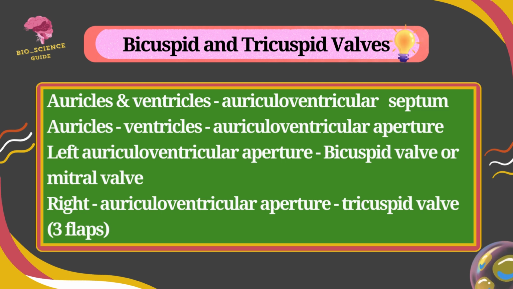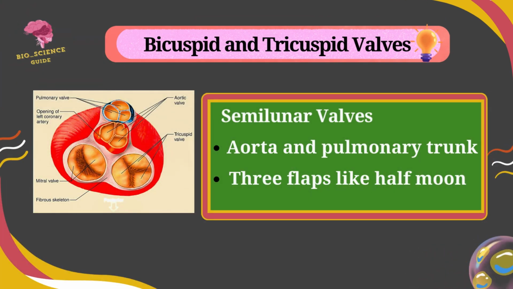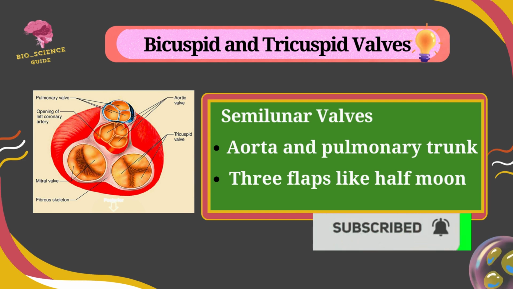The left auriculoventricular aperture has the bicuspid valve or mitral valve, which has two flaps. The right auriculoventricular aperture has the tricuspid valve having three flaps.